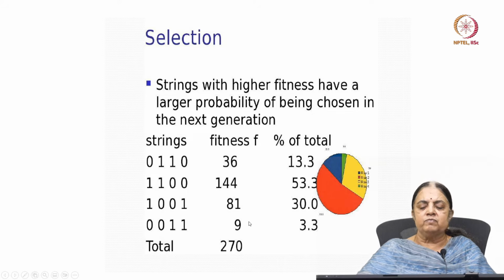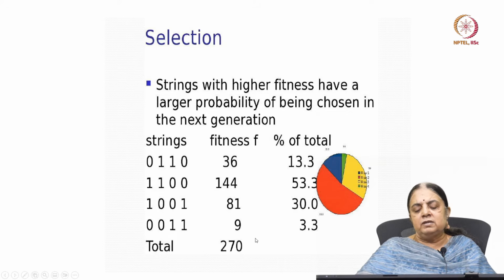Suppose you add up all these, you will get 270, and if we divide each of these by 270 and multiply by 100, it tells you the percentage of the total for each of these strings. The first string is 13.3% of the total. The second one is 53.3%, the third one is 30%, the fourth one is 3.3%.